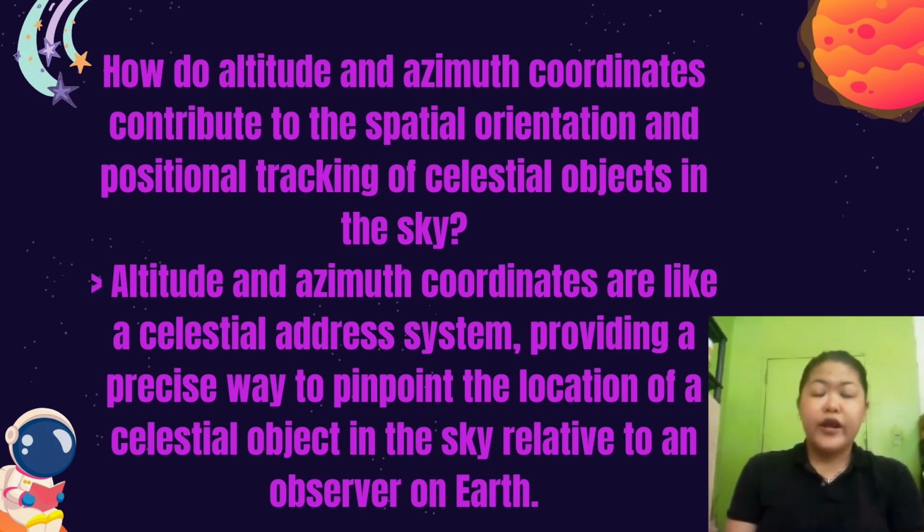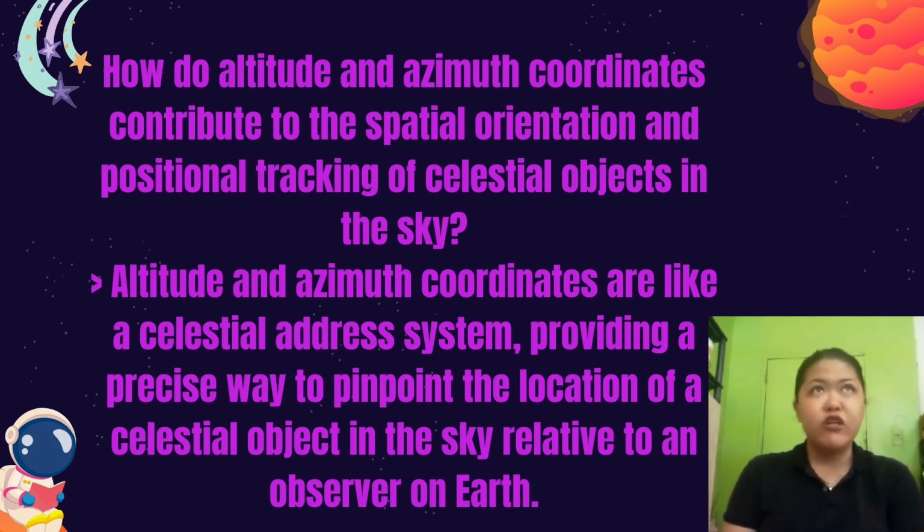So together, ang altitude and azimuth maka-create siya og 3D coordinate system nga mo-allow sa tao nga ma-visualize ang position sa isa ka object sa sky. So, imagine a sphere with the observer at the center. Altitude tells you how far up on the sphere the object is, and azimuth tells you its position on the sphere circumference.